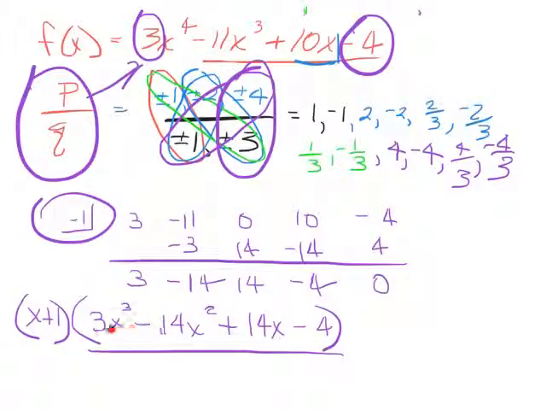The numbers I'm going to try to divide into this using synthetic division are the rest of them I have here. I tried the 1 and it didn't work. I tried the negative 1 and it did work. Now I'm going to try my 2, negative 2, 4, negative 4, on this factor. It's going to be easier, I promise, if you use this one instead of the one up here. So let's go ahead and try that.